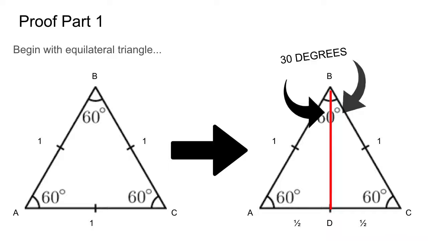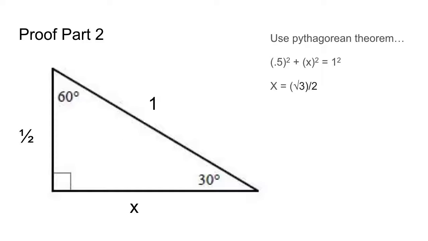Now, let's start with an equilateral triangle, ABC, of side length 1. As a reminder, we know a triangle is equilateral if all its sides and all its angles are equal. What we want to do is draw a perpendicular bisector DB from its peak to its base. Given this new triangle, from the trigonometric ratios that we already know and the Pythagorean theorem, we can find that the length of DB is root 3 over 2.